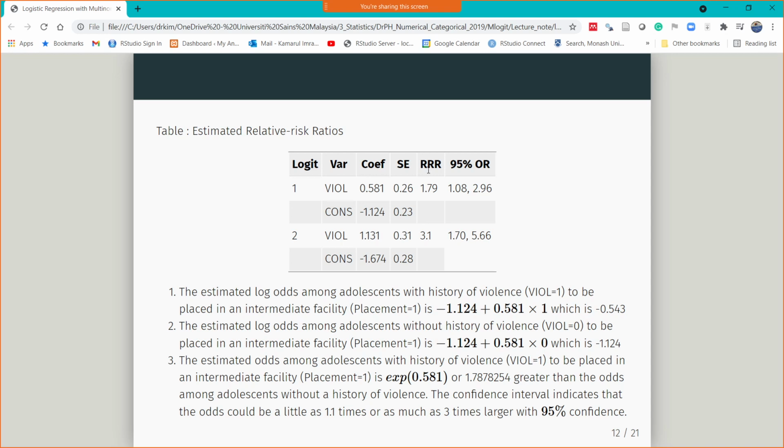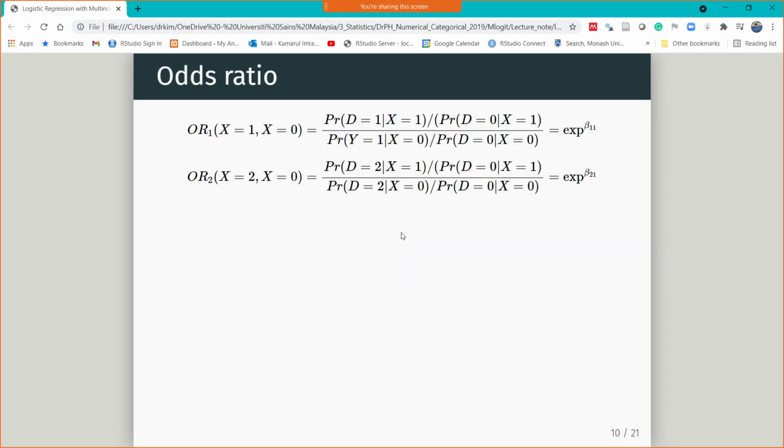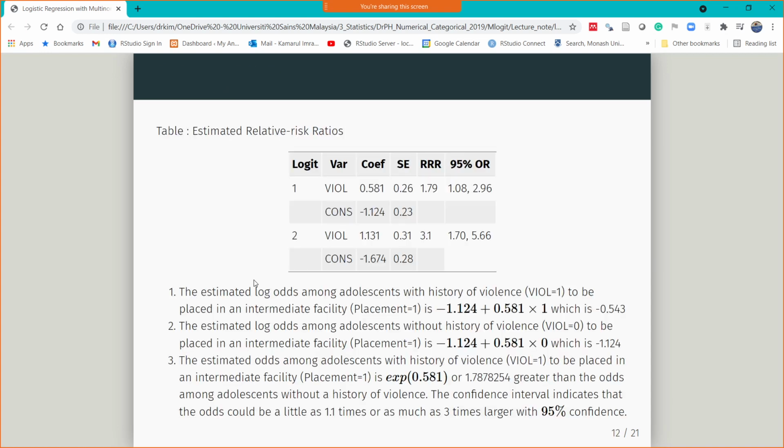Even though I mentioned odds ratio, Hosmer Lemeshow recommended to use the term relative rate ratio.